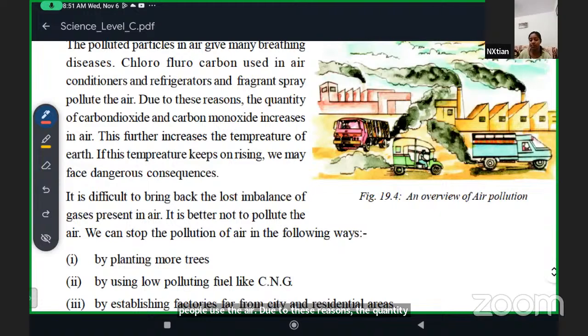This further increases the temperature of the earth. Okay, this on a whole causes the temperature of the earth to rise. When the quantity of carbon monoxide and CO2 increases in the air, it also affects the temperature of our Earth.